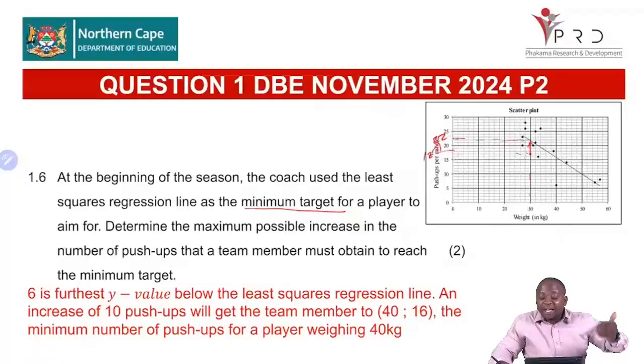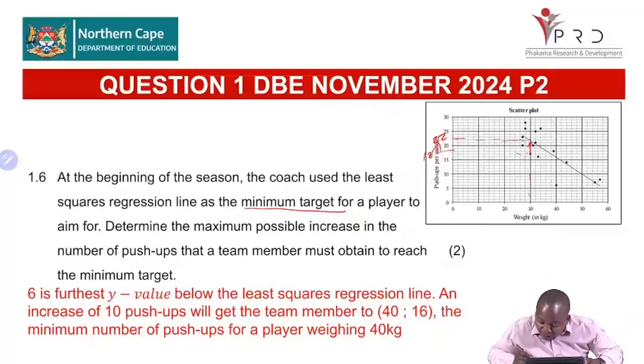It says each and every point that we have on our scatter plot must meet the minimum. It is going to be around that least square regression line in that case. So that's what we are saying for this one. So the minimum target is represented by the regression line. So each and every point must be around the regression line.